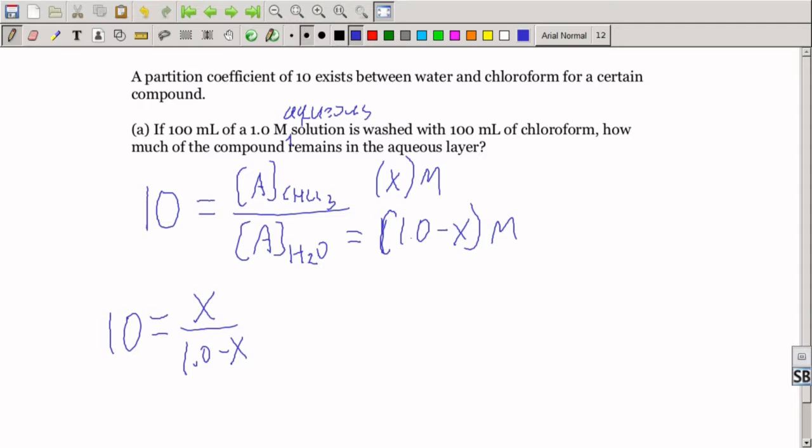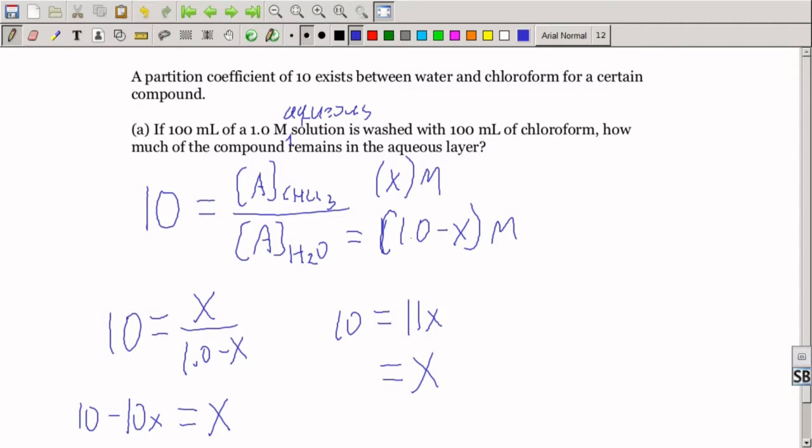Multiply both sides by 1.0 minus x. We get 10 minus 10x is equal to x. And so 10 is going to be equal to 11x. What's x going to be equal to? What's 10 divided by 11? Is it 0.999?